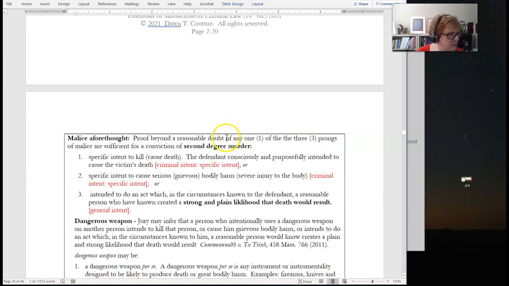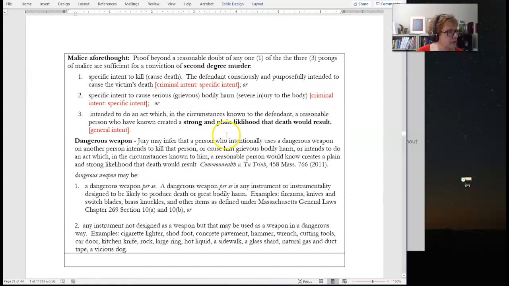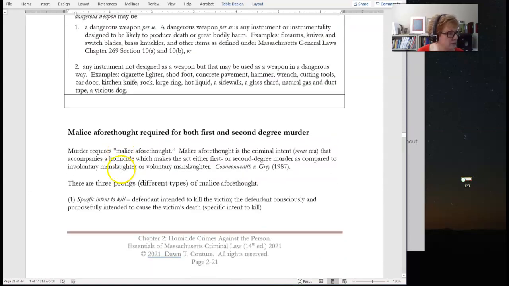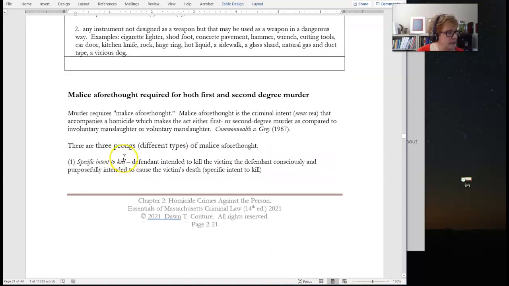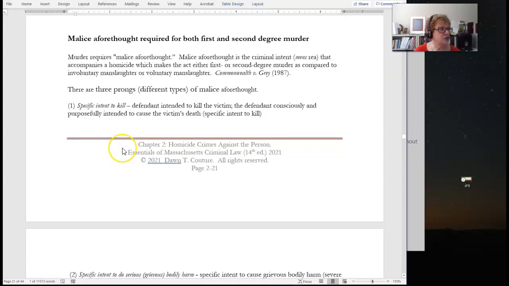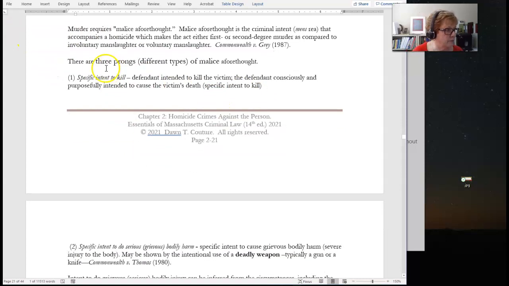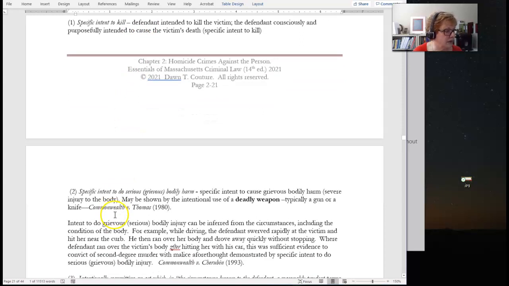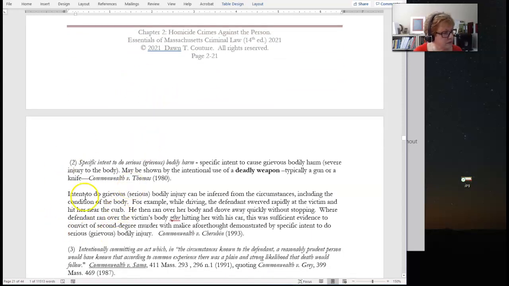Let's see, what else did I want to talk about here? Okay, we just talked about that. As I previously mentioned, malice aforethought by one of those three ways is a required second element in both first and second degree murder. So this is really just a repeat of what I just went over with a little more detail added in.